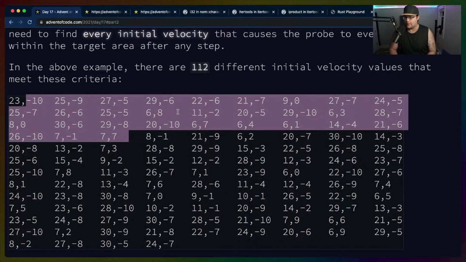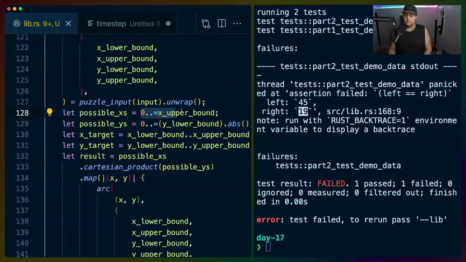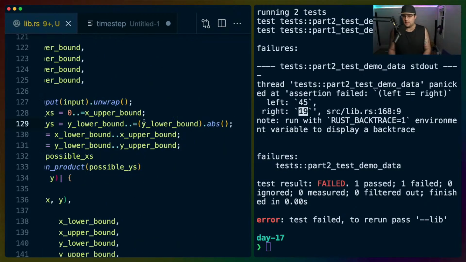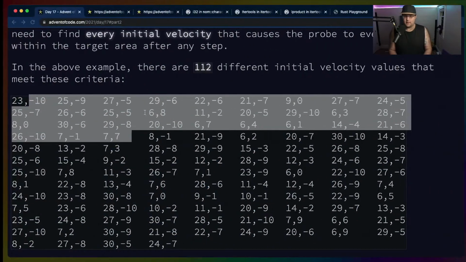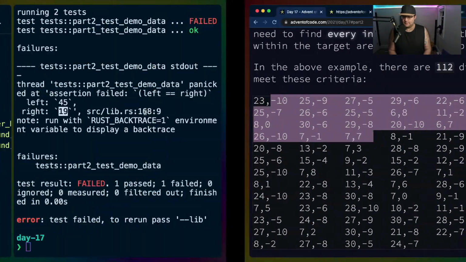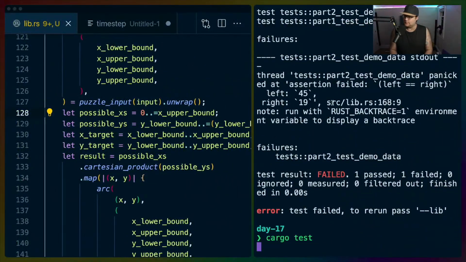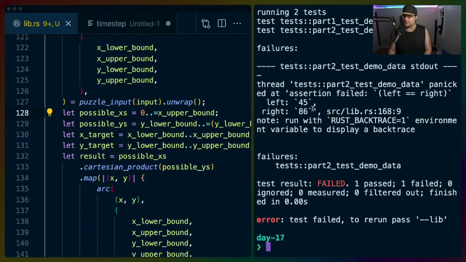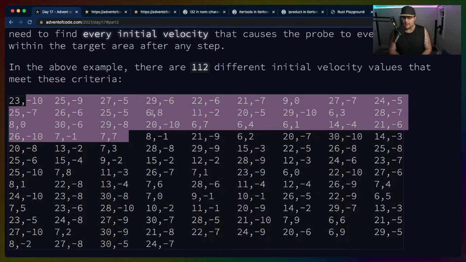We can also go negative on y though. So we can go from the y lower bound to the absolute value of the y lower bound, and x's still need to be positive. So this is the actual search space, 86. Closer. We can't go negative on x.